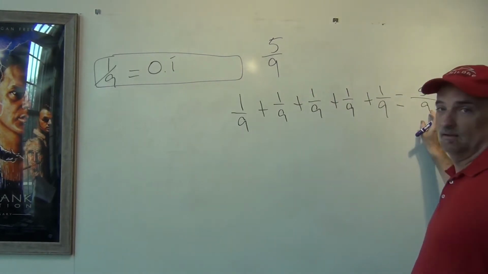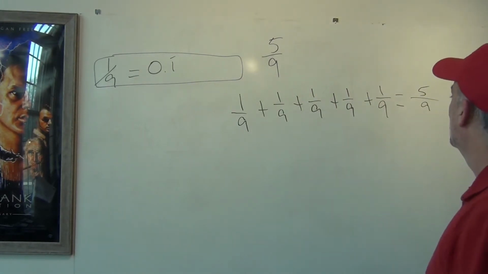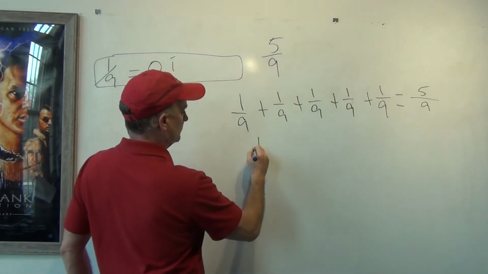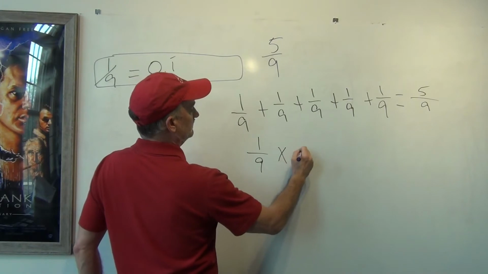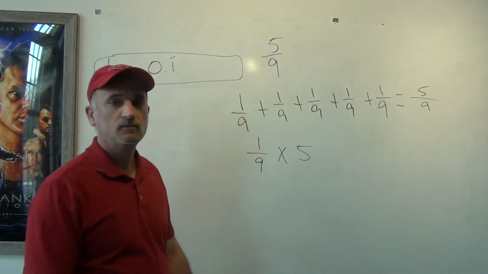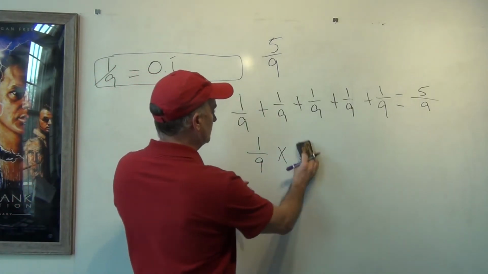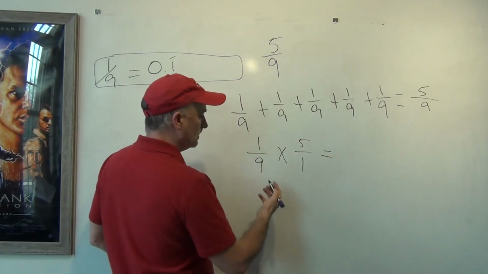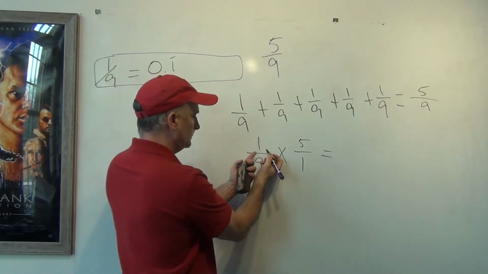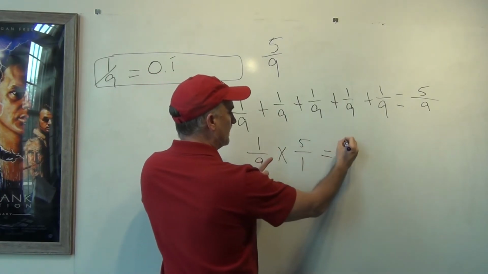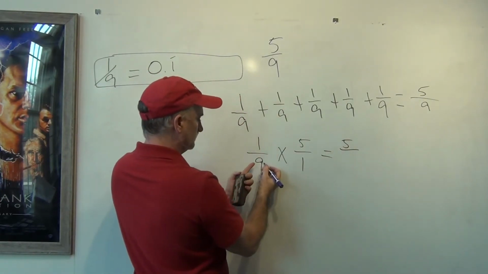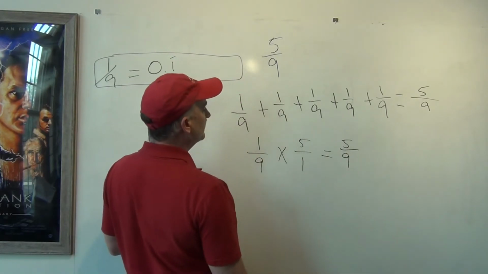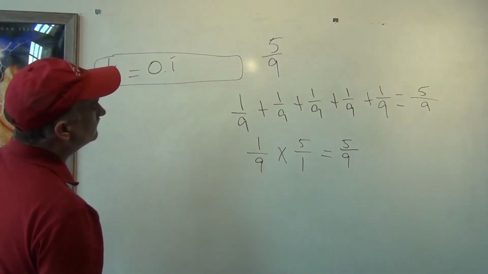So another way of writing that is 1/9 times 5. Would you agree with that? Because 5 is really 5/1, and in multiplication of fractions, we take the numerators, 1 times 5 is 5, and the denominators, 9 times 1 is 9, okay?